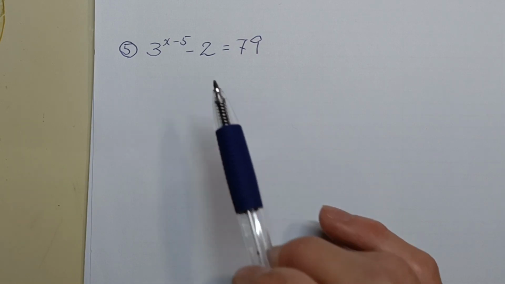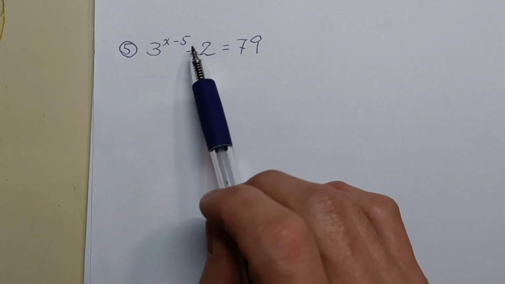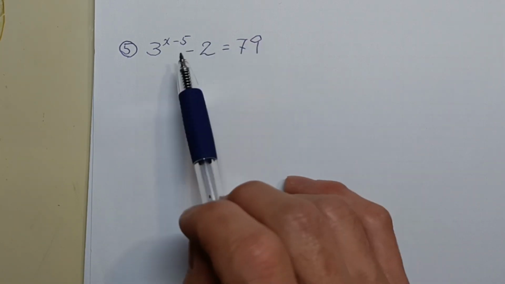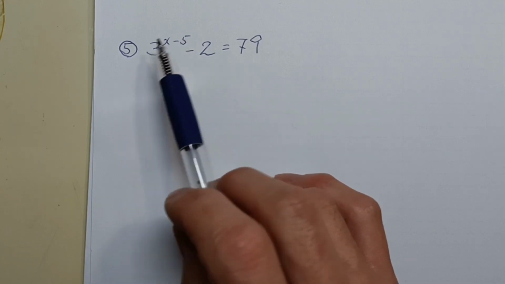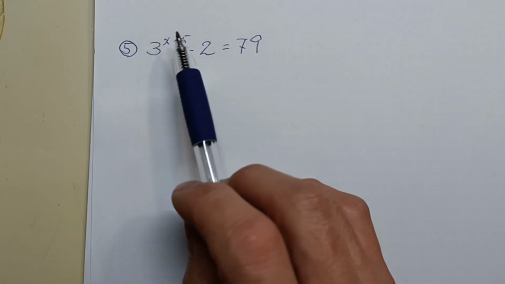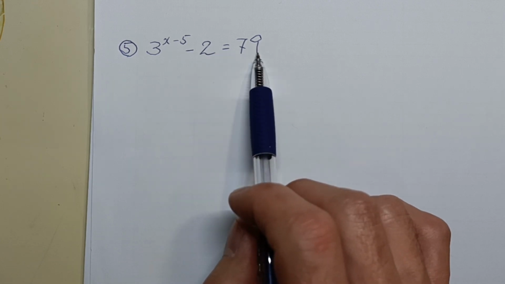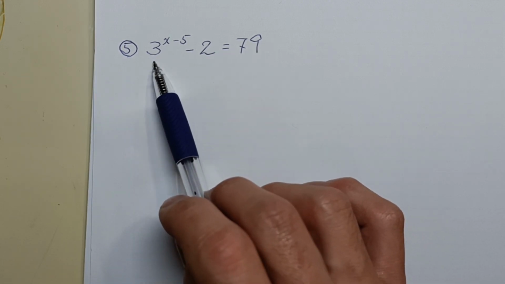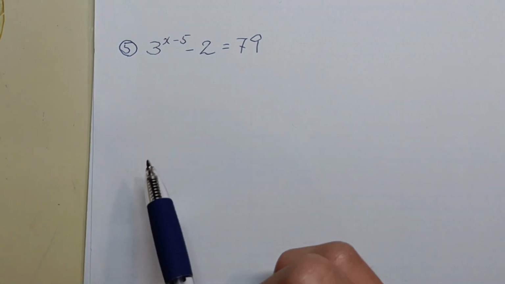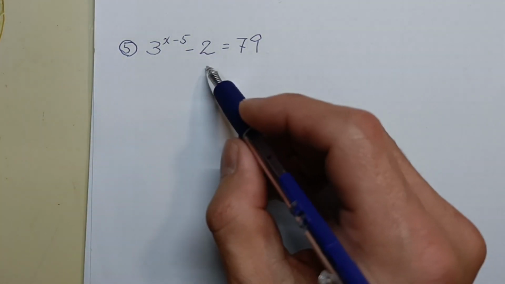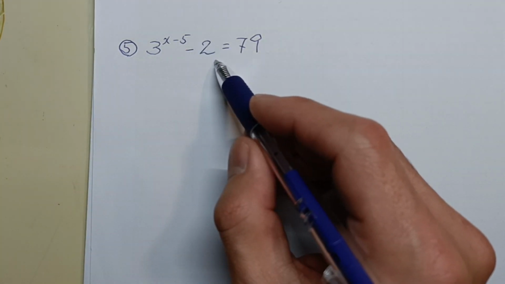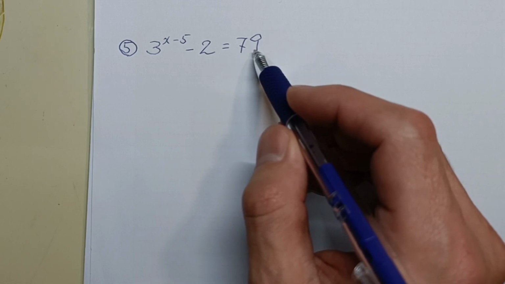Then if you look at the whole picture, this is a number, this is a number, this is an index number, isn't it? I mean exponential, isn't it? So these two are the same family, whereas this one doesn't have any like terms with it. So I want to put this one and this one together.